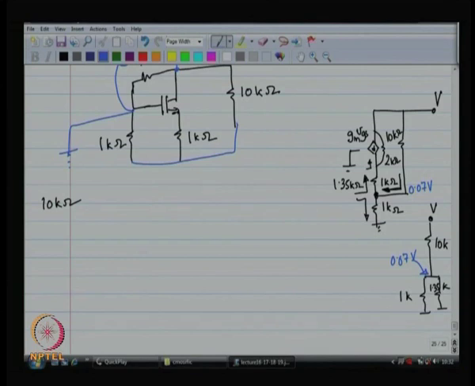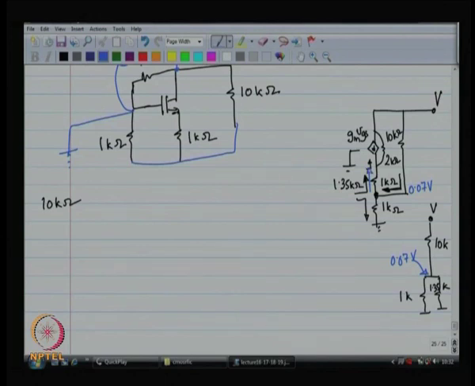The next thing is, what is the current that is going upwards over here.